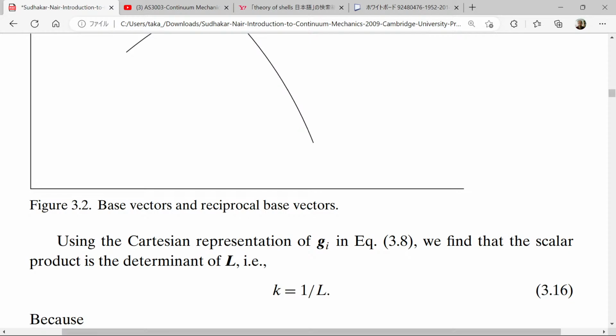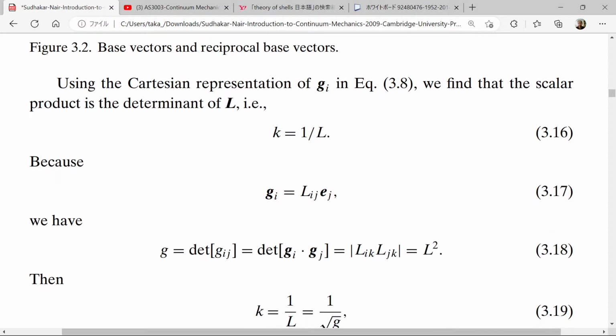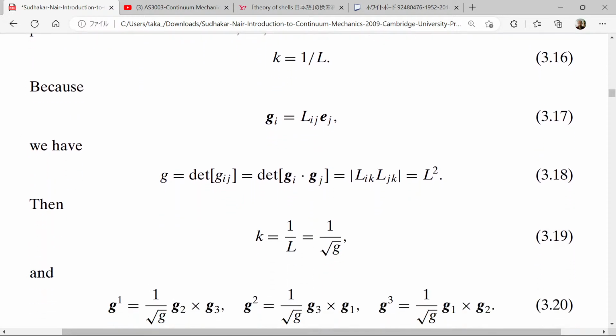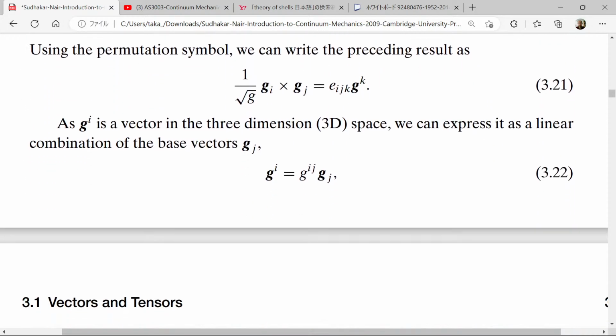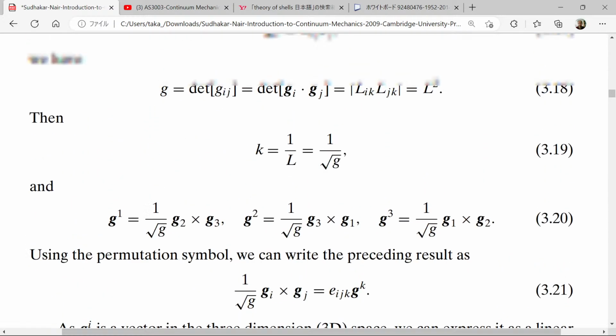Complicated. Using the Cartesian representation of Gi in equation 3.8, we find that the scalar product is the determinant of L. Let's see, it's complicated, right? So let me stop.